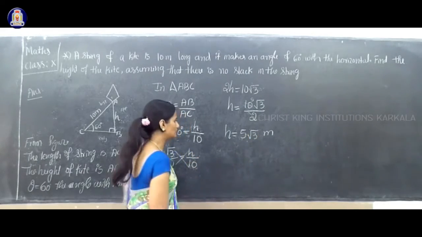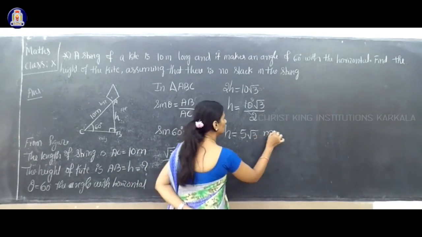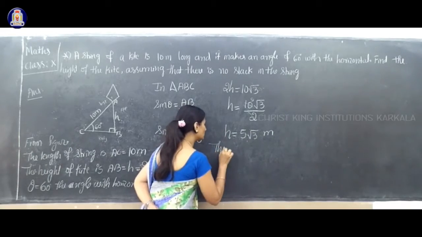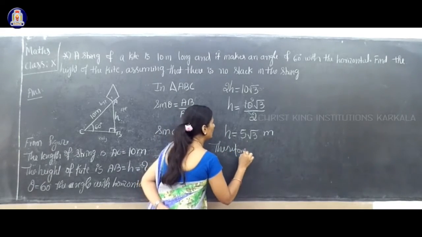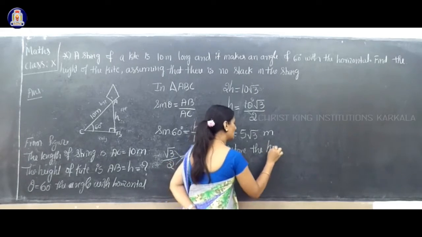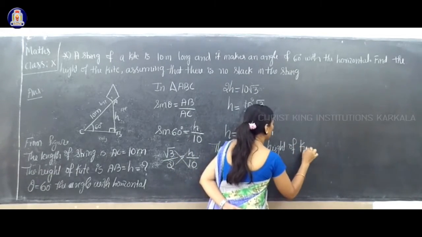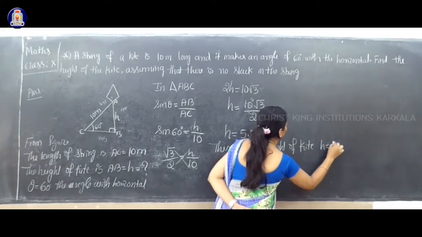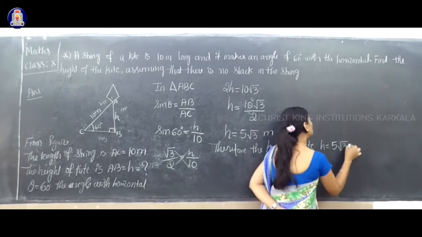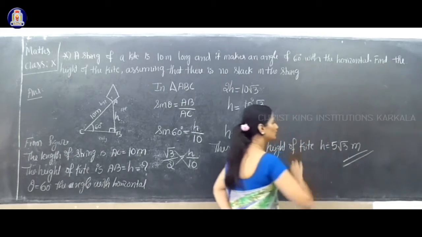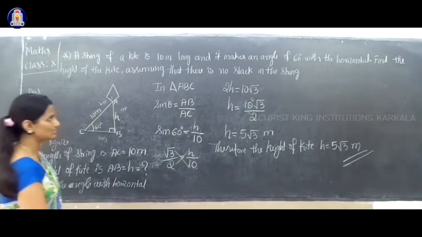Keep it as it is. Therefore, the height of the kite is h equal to 5 root 3 meters. So this is your answer.